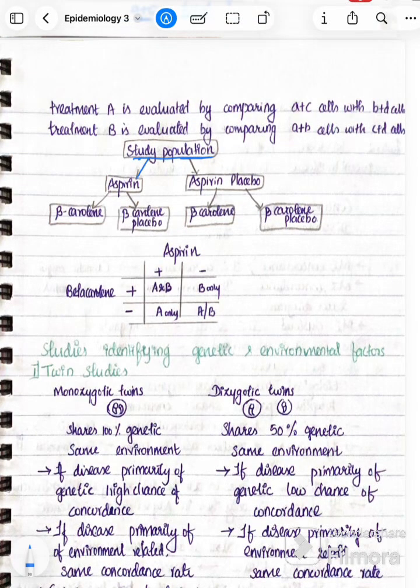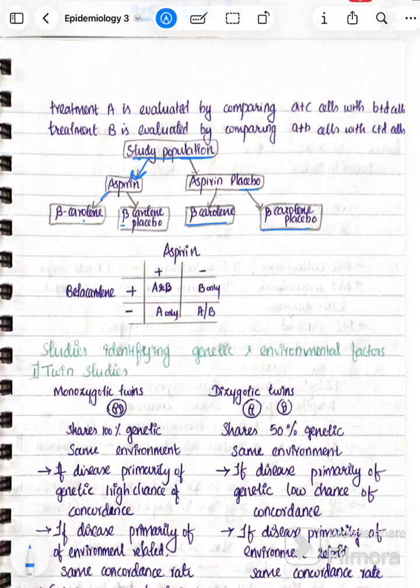Now we are going to give aspirin, that is treatment A, to one group, and aspirin placebo to the other group. In the group that received aspirin, for some people we are going to give beta carotene, for other people we are going to give beta carotene placebo. Likewise, in the aspirin placebo group, for some people beta carotene, for some people beta carotene placebo.